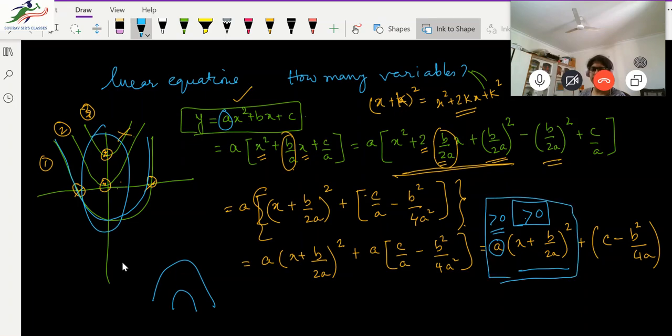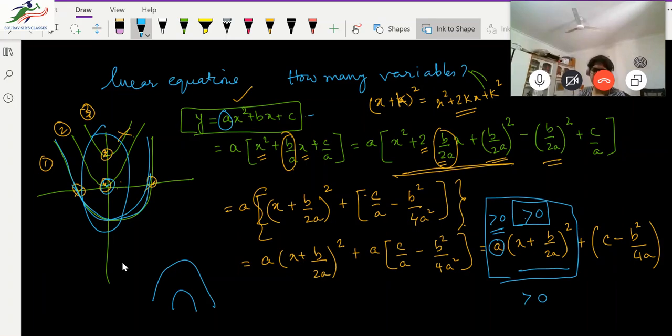So for a greater than 0, that means for these set of curves, the first term itself will always be greater than 0. Now, for the given equation to have real roots, it has to either touch the x-axis or intersect the x-axis. So there are two possibilities.